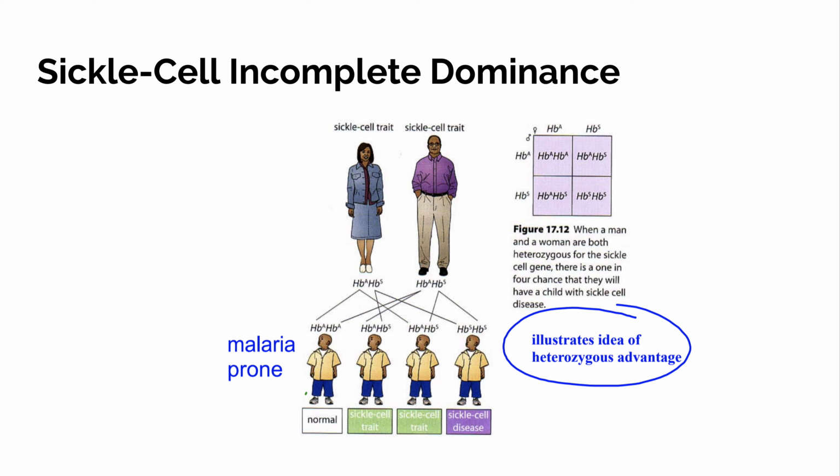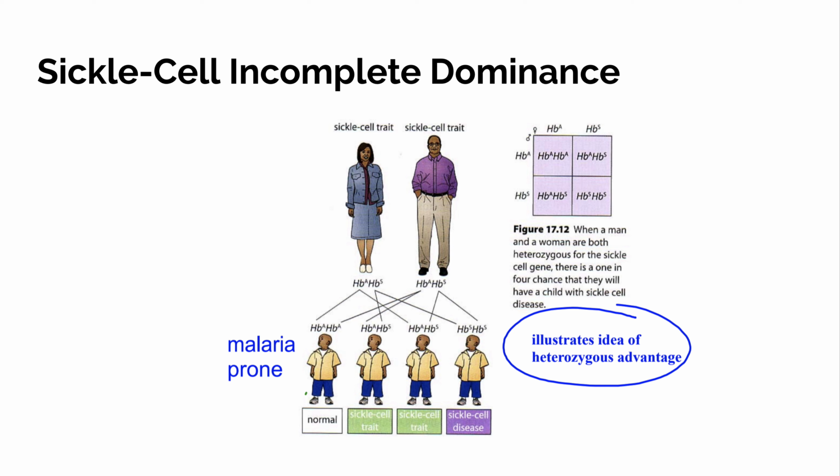And what that often means is that people who have sickle cell anemia oftentimes run out of breath very easily, and they're very, very prone to their blood clotting, which can be debilitating or even deadly. If you have two copies of the sickle cell gene, you have sickle cell anemia. If you have two regular copies of the hemoglobin, you just have regular hemoglobin in your body.